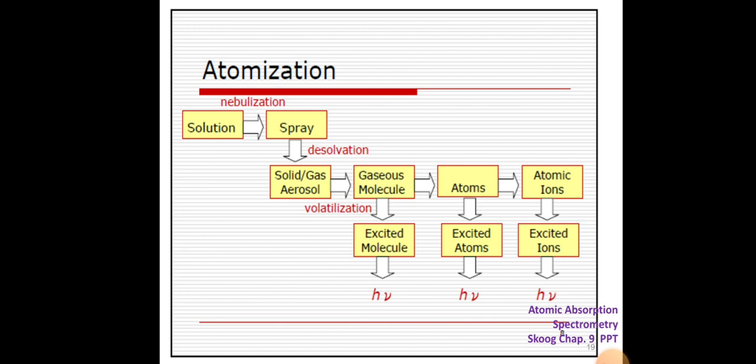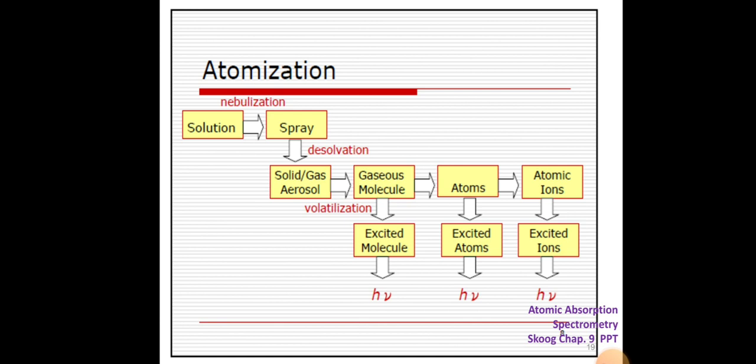After the sample droplets enter the flame, we have the desolvation of the sample, so that the sample is converted to a solid or gas aerosol. Then we have the volatilization step, in which the sample is converted to gaseous molecules.